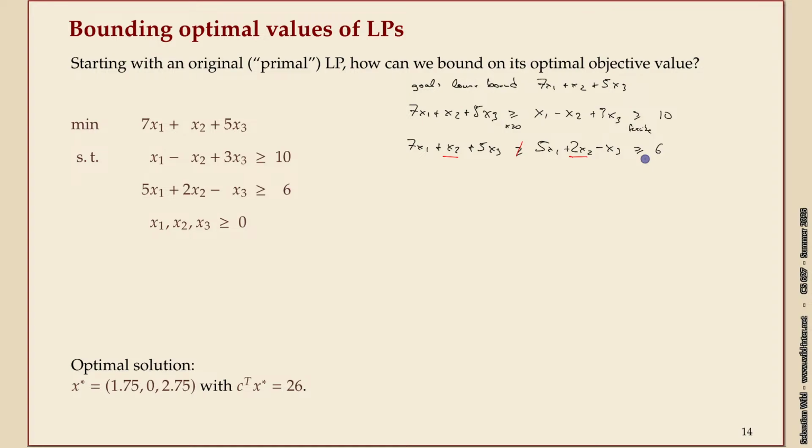But what else could you do? These are inequalities, and inequalities can be added up. If you add up those two, you get 6x1 plus x2 plus 2x3. These are component-wise smaller than our objective.